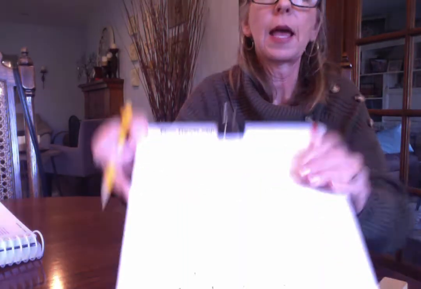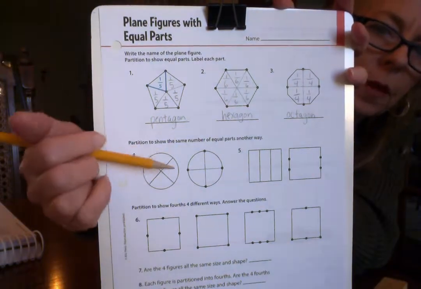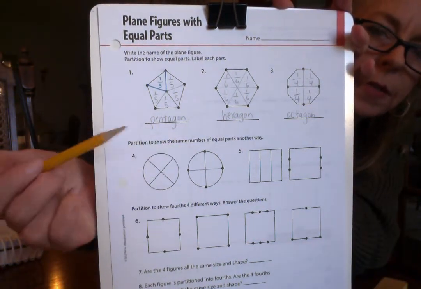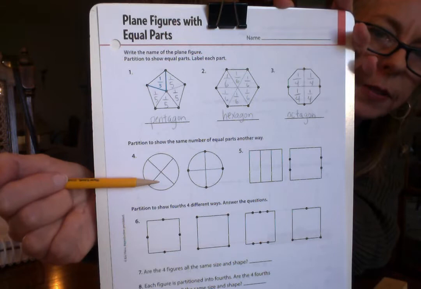So if you connect those dots, go right across the middle with a vertical line and a horizontal line, and look at that. We've got fourths in this circle and fourths in this circle, but they look different.